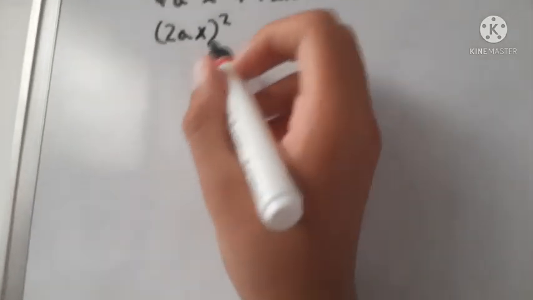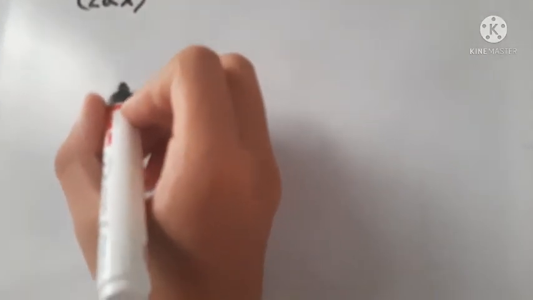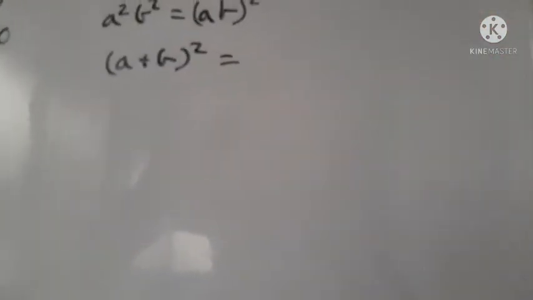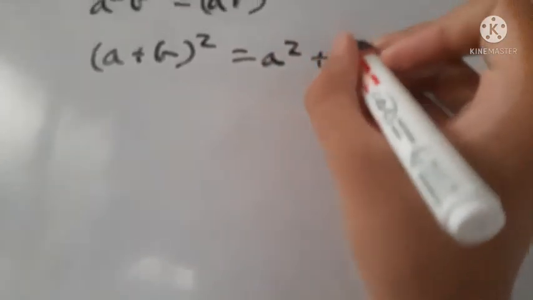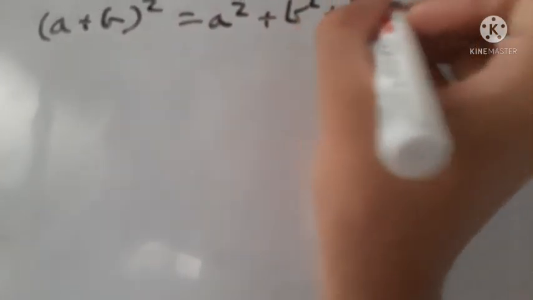So let's think about this. a plus b whole squared is equal to a squared plus b squared plus 2ab.